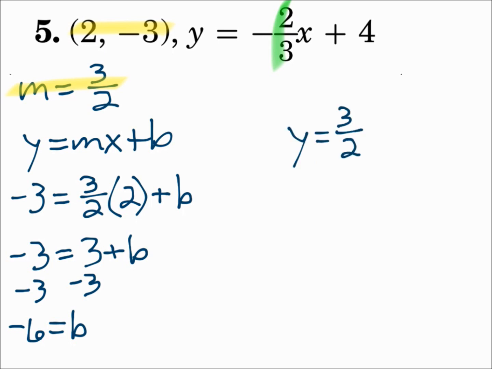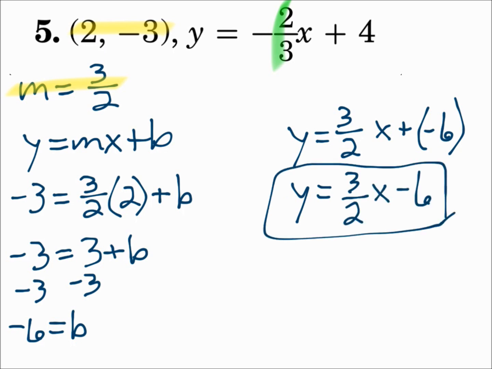Substitute in, get the final answer. Y equals 3/2 x plus -6, which can simplify. Y equals 3/2 x minus 6. Find the slope first. Perpendicular lines have slopes that are negative reciprocals of each other. Then find b.